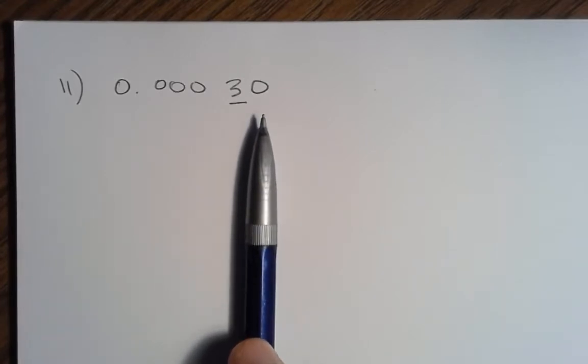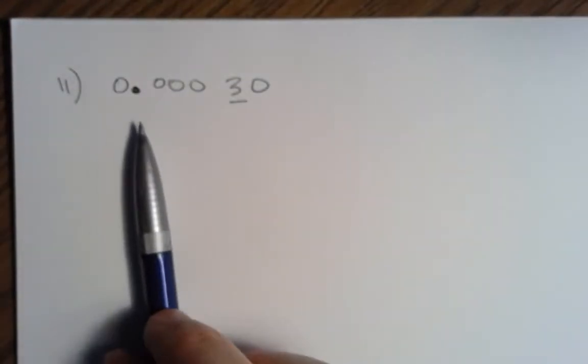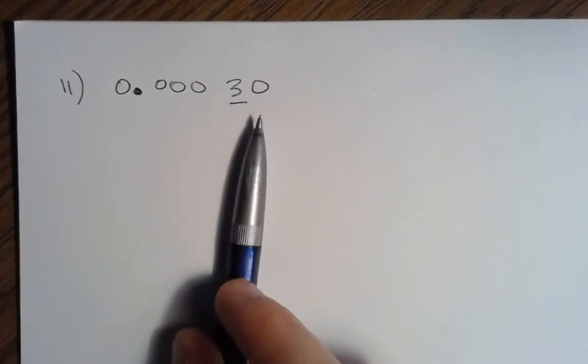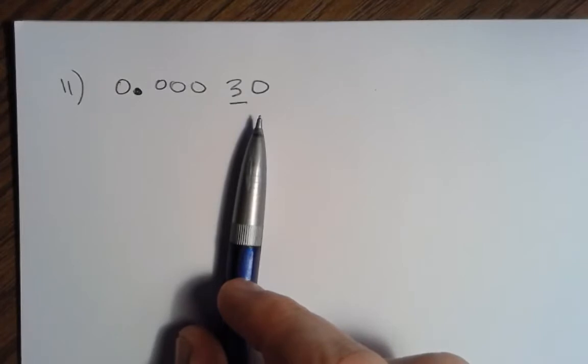Here's your end zero. End zeros are sometimes significant. They are significant if there is a decimal. In this case, here is your decimal. And that decimal, even though it's over there, means that this end zero is significant.